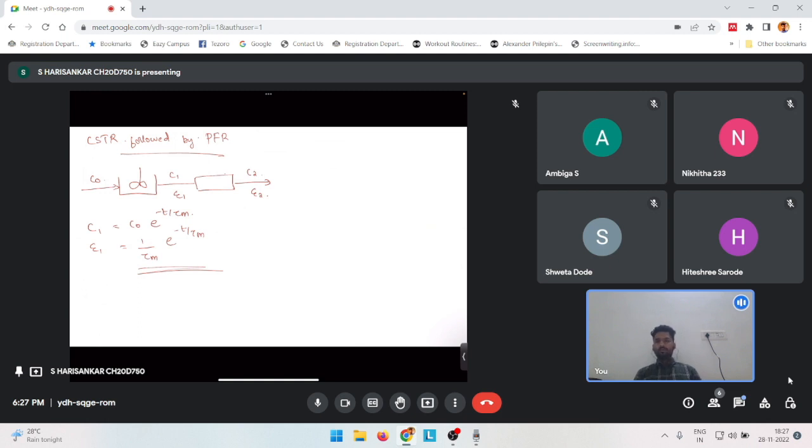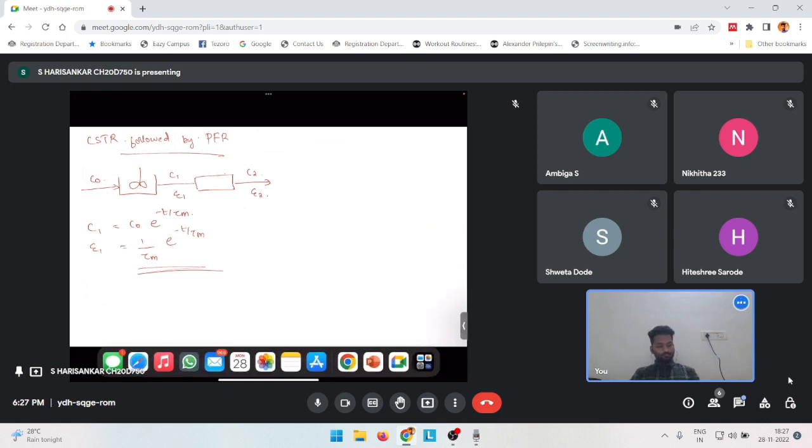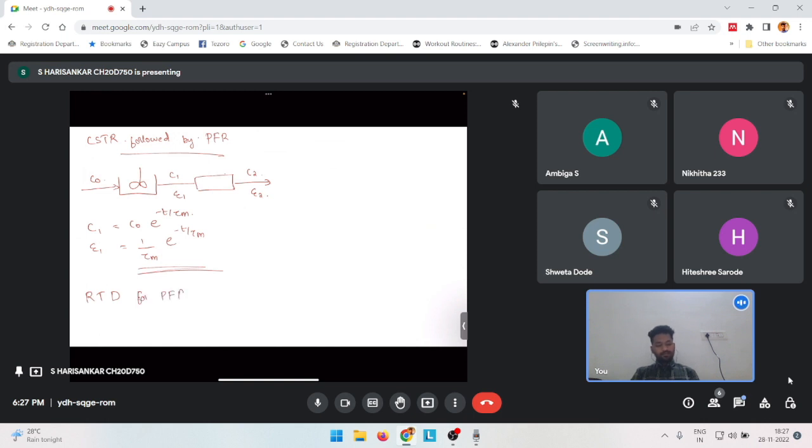Now this C1 will enter your PFR, right? So what we learned in the last case was that the residence time distribution for a PFR is basically a Dirac delta function. So long story short, your concentration will become something like this: C0 e raised to minus T minus tau P by tau m.